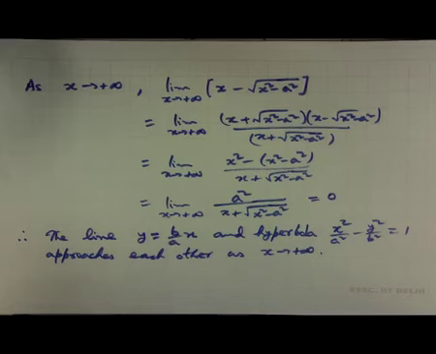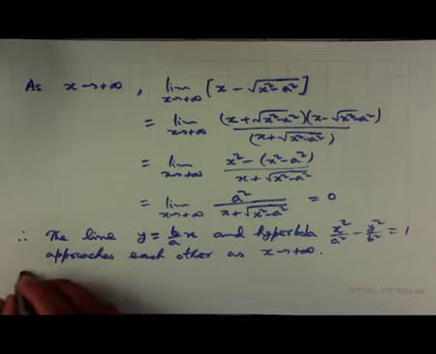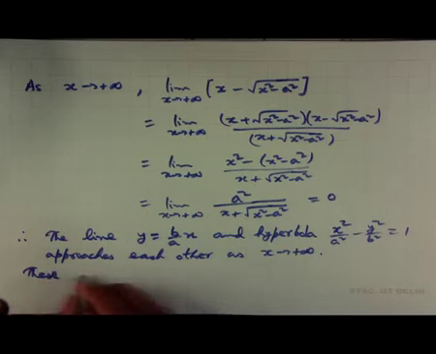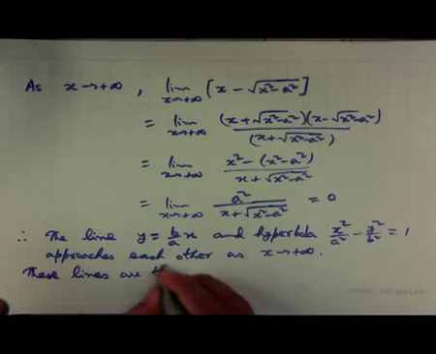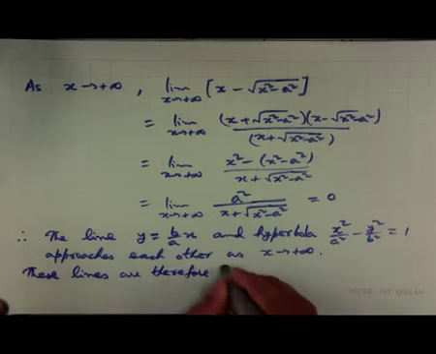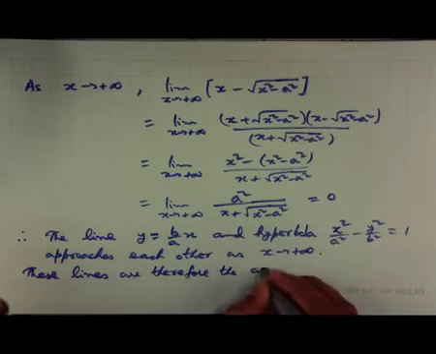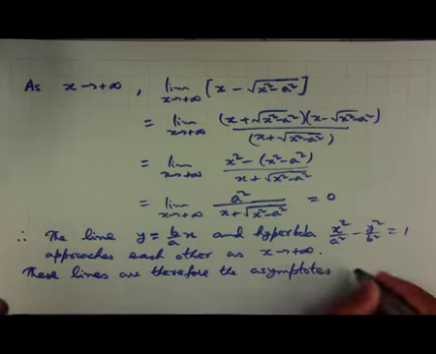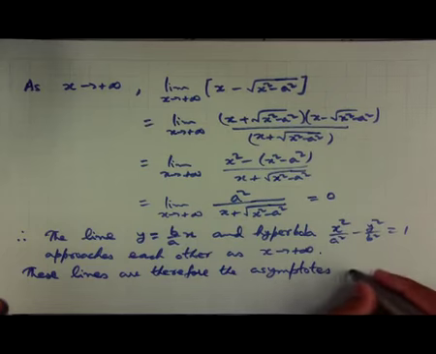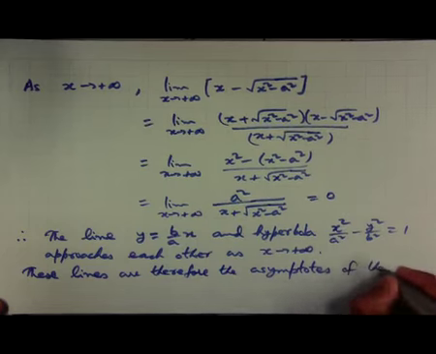Similarly, you can do for the other line and taking x tends to negative infinity. So, these lines are therefore the asymptotes of the hyperbola.